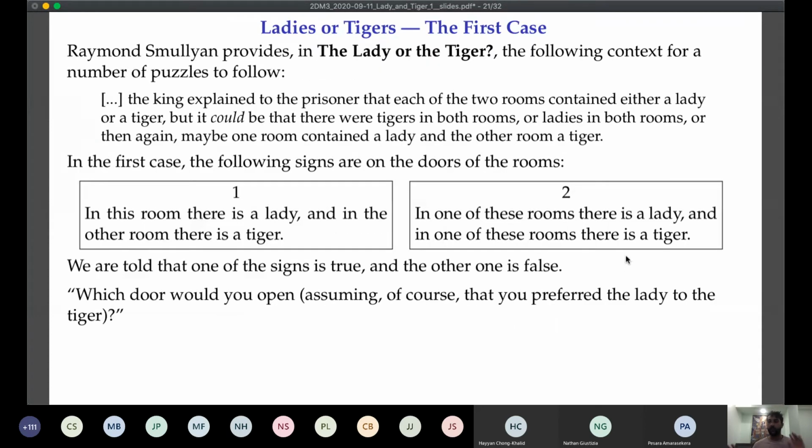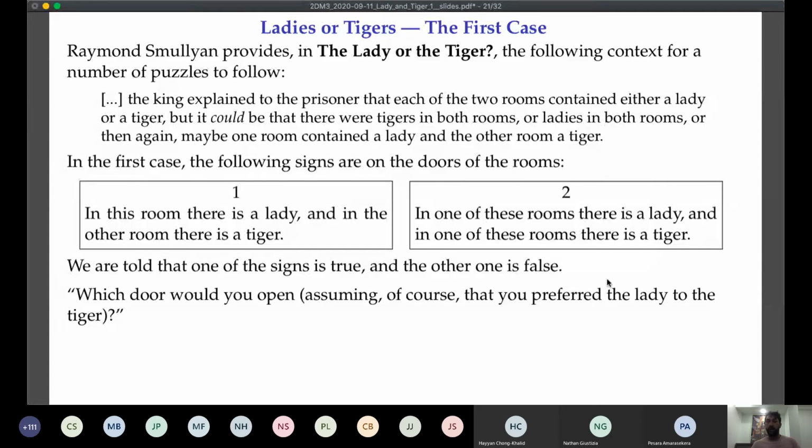All right. So now that we've covered what we need, let's talk about this puzzle again. You want to get to the lady because why not? Tigers might not be your friends. They might eat you or worse. And you know that the first door says, in this room there's a lady, and in the other room there's a tiger.